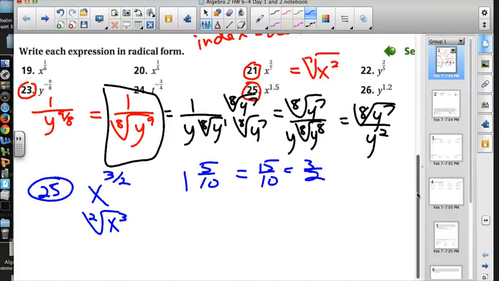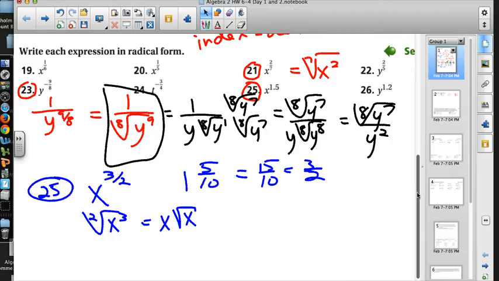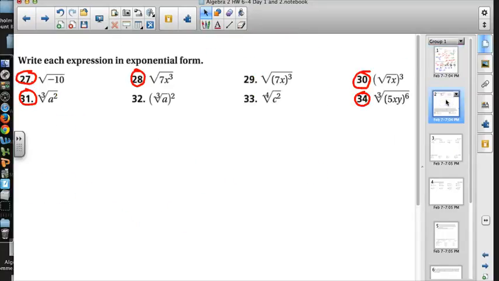So what we want to do is remember that 2 goes into 3 once, but with an ugly remainder of 1. So that should be x square roots of x when we're simplifying that. But like I said, they just wanted you to write each expression in radical form. It didn't say simplest form.